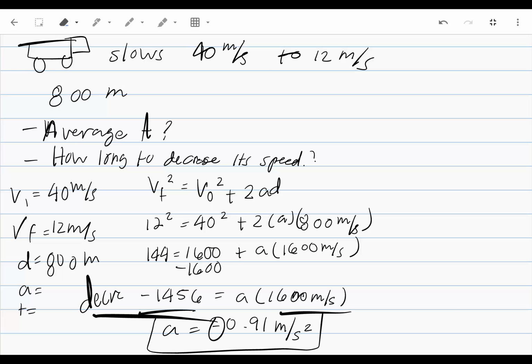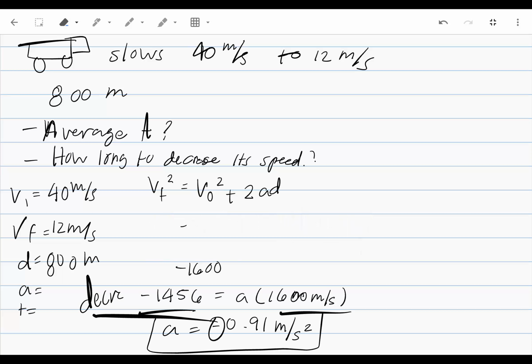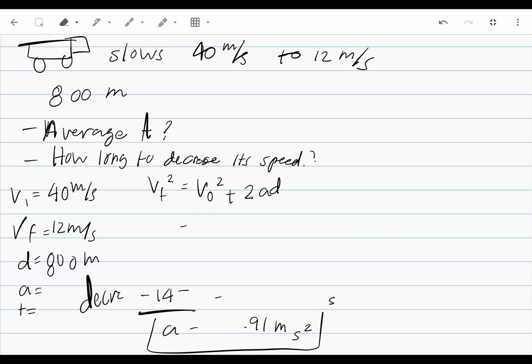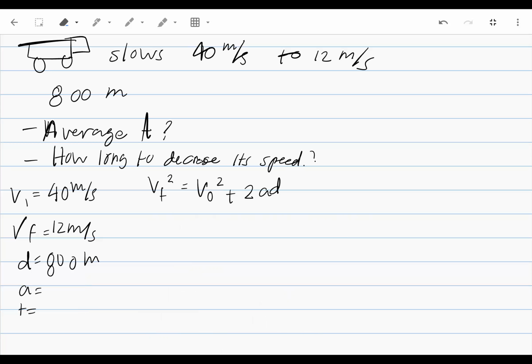Okay, now let's do the second part, where it asks how long it took to decrease the speed. And again, you want to take into consideration any equations you already know. So like the previous video, we would use d equals 1/2 times your initial plus your final, times time.